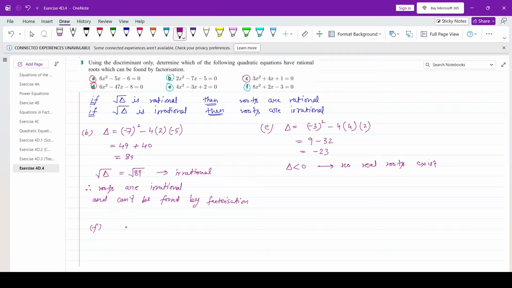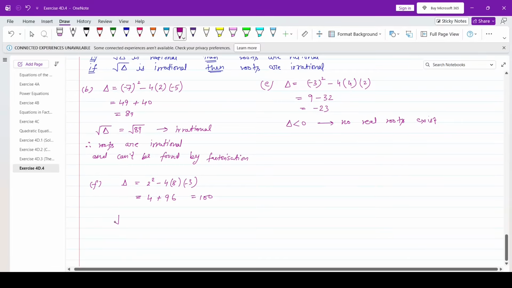Now f is, so the discriminant is going to be 2 square minus 4 times 8 times negative 3. So this becomes 4 plus 96, that is 100. Here the square root of the discriminant is equal to square root of 100, that is 10.